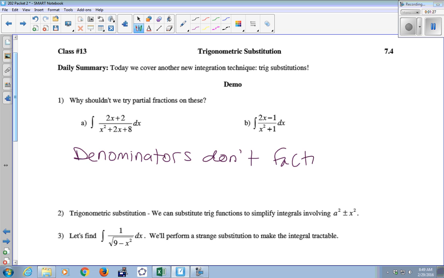Right, they're already irreducible quadratics, and the numerators are already linear terms. So even if I tried to break it up, it would just come out looking exactly the way it already does, right? So I do a bunch of work for nothing. But there are techniques we can use. There is a technique we can use to do these guys called trig substitutions.